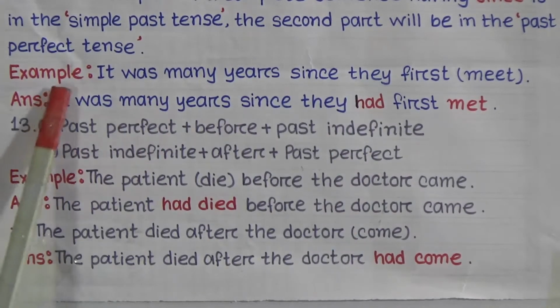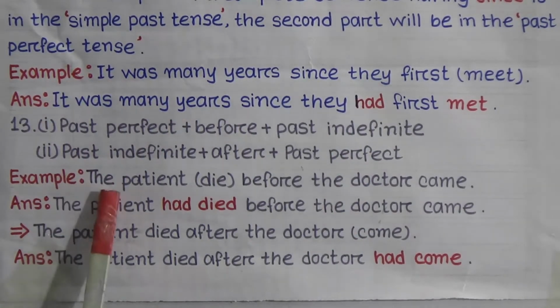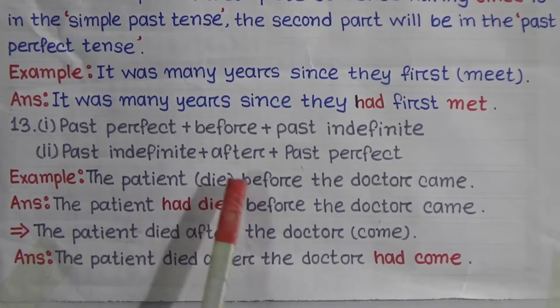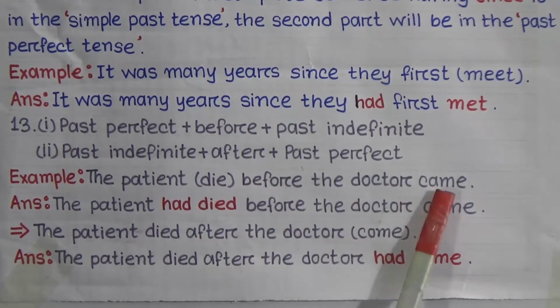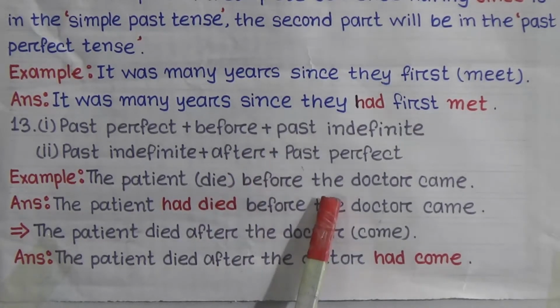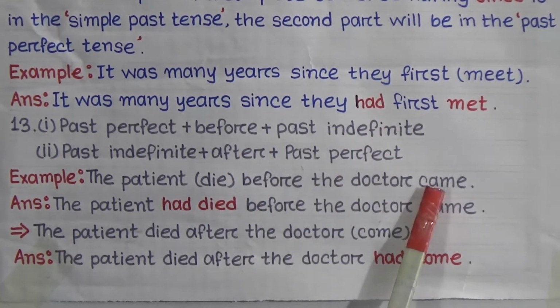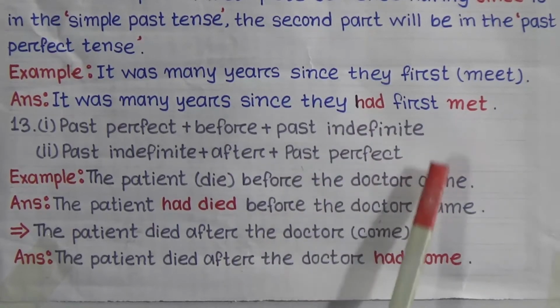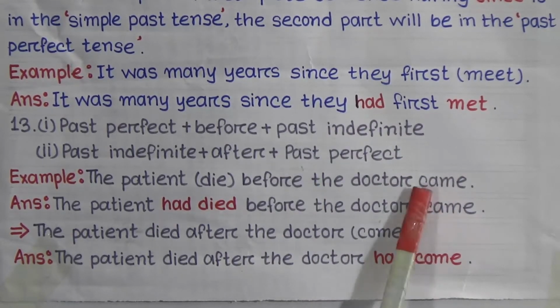So look at this example. First example belongs to before. The patient (died) before the doctor came. Students, look, the sentence is with the word before, and in second part we find past indefinite, came.